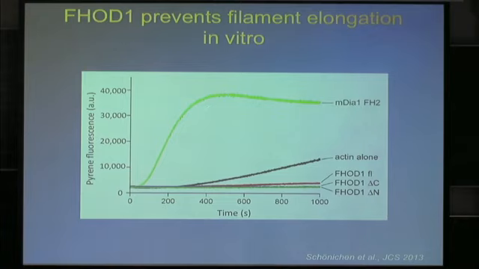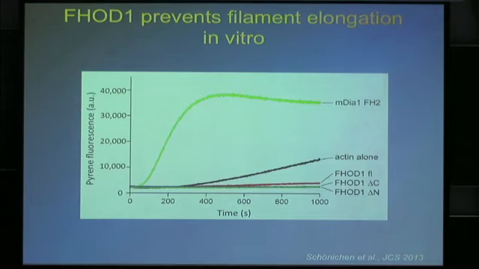The pyrene fluorescence represents the amount of polymerized actin. Another formin, known to polymerize actin filaments, really increases the pyrene fluorescence, whereas FHOD, full length or activated form, even inhibits actin polymerization. This is actin alone. So it does in vitro inhibit actin polymerization, similar to capping proteins.